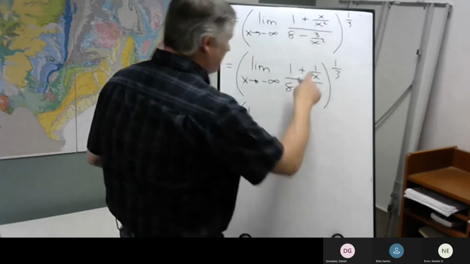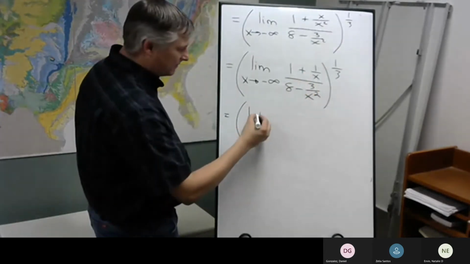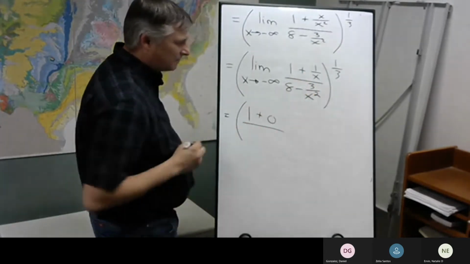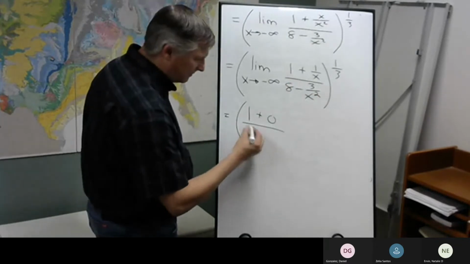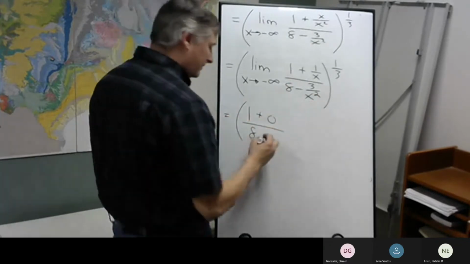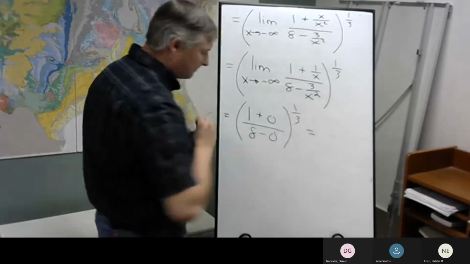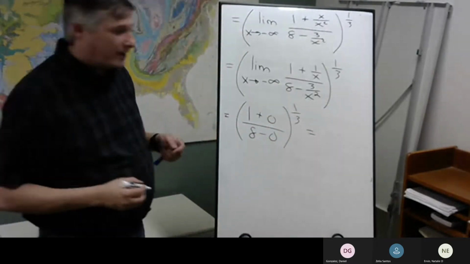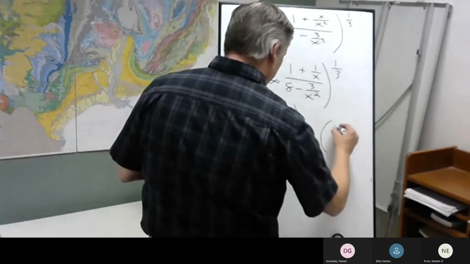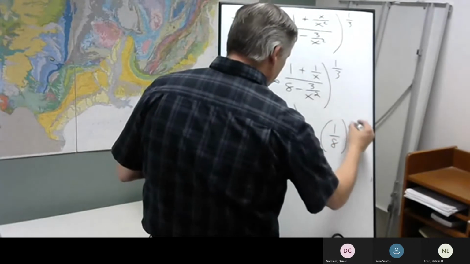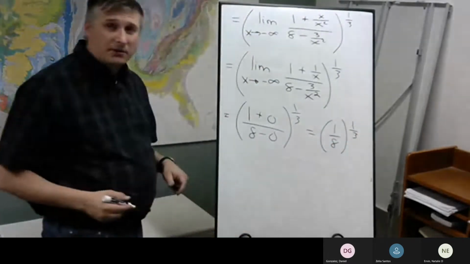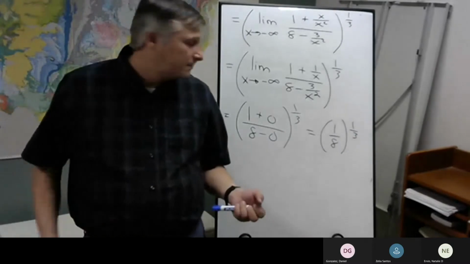So we get 1. Now again, this is going to be 0. And then we have 8. And this is also going to be 0. All to the 1/3. Or we'll get 1/8 to the 1/3, which is just the cube root.